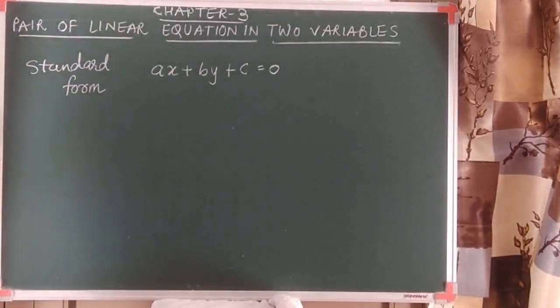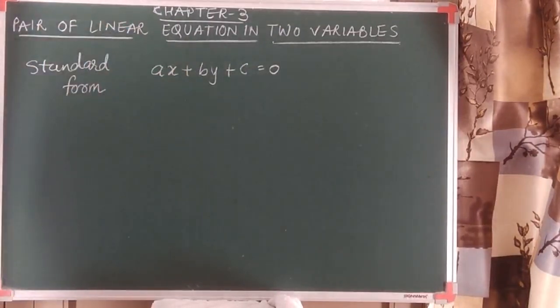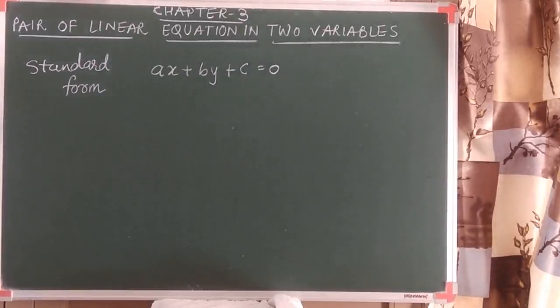So this is the standard form of linear equation in two variables. Why is it called a linear equation in two variables? Let us understand, then we'll go to the title of this chapter. It is linear, as we discussed in the second chapter on polynomials. Why do we call it a linear polynomial? Because the degree of the polynomial is 1, the highest degree is 1.